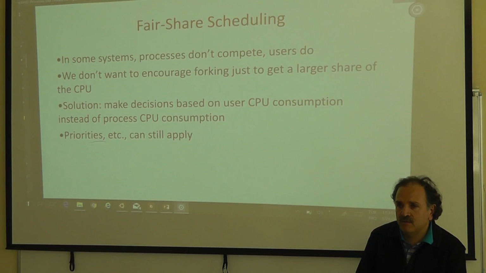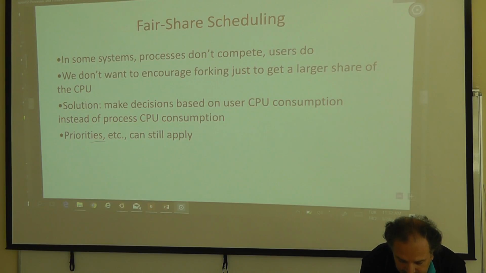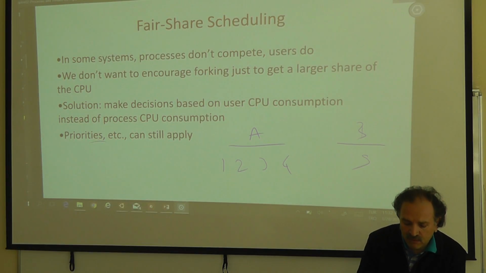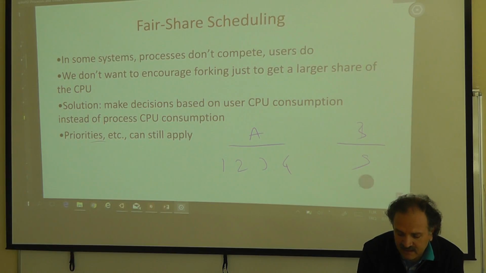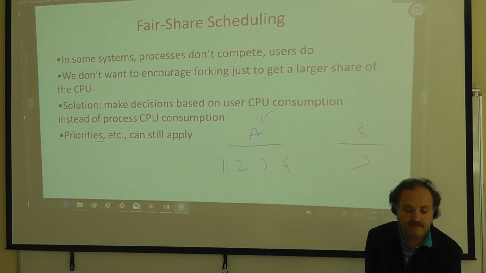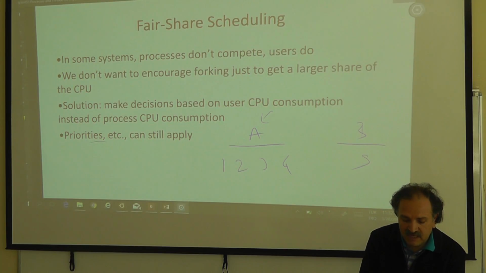If I am user A and I have 4 processes running, processes 1, 2, 3, 4, and user B has only one process, number 5, then if I try to keep the balance between these processes, user A will get 80% of the CPU time, right? It is fair between these processes, but it is not fair between user A and user B.